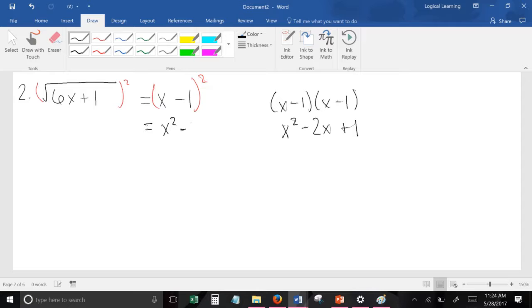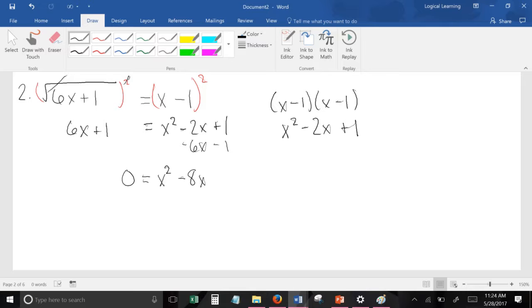x squared minus 2x plus 1. And again, the square and the square root will cancel out, and on this side we'll just get 6x plus 1. Well, now if we move everything to one side, we can see we'll have another quadratic equation. So we'll subtract 6x from both sides, and we'll subtract 1 from both sides, and that'll give us x squared minus 8x, the ones cancel out, and this is all equal to 0.